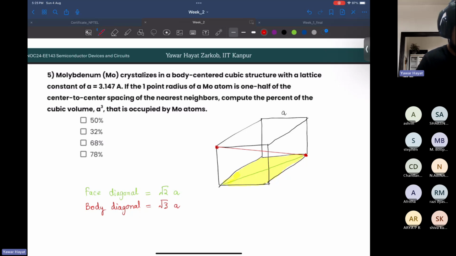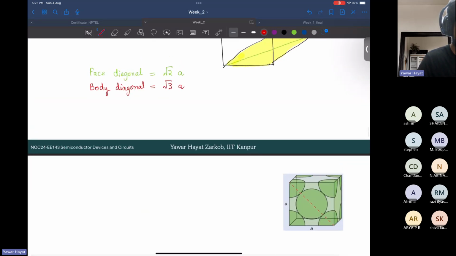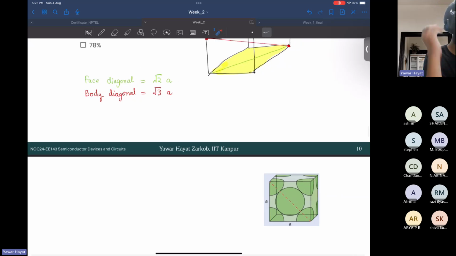Now, what is our center to center nearest neighbor distance, right? I mean this distance, right? This is this point to this point, right? This distance is half of the body diagonal, right? It's along the body. Imagine this along the body, right? So this distance would be half of the body diagonal, right?